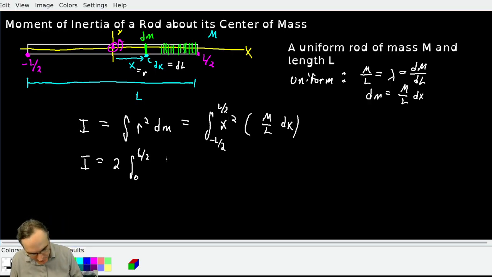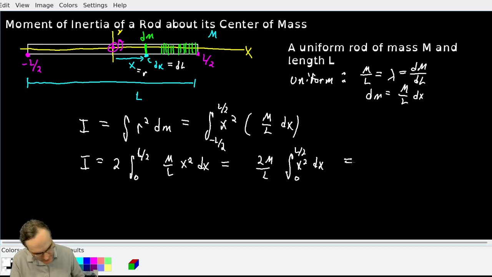All right, let's see, m over L x squared dx, 2m over L integral of x squared dx from 0 to L over 2, and that will be 2m over L x squared over 2 evaluated in our limits. So it's going to cancel the 2 there.